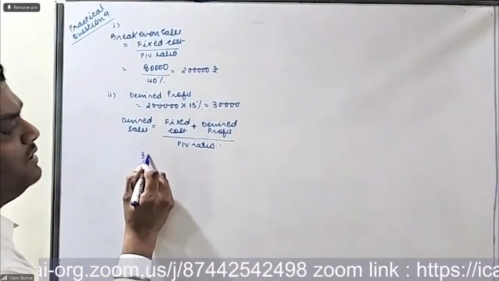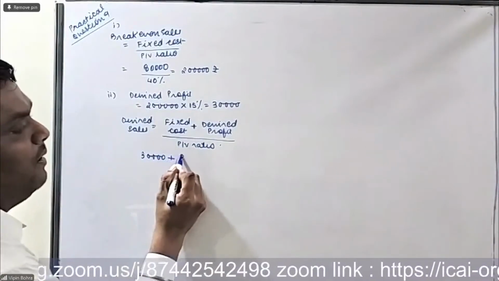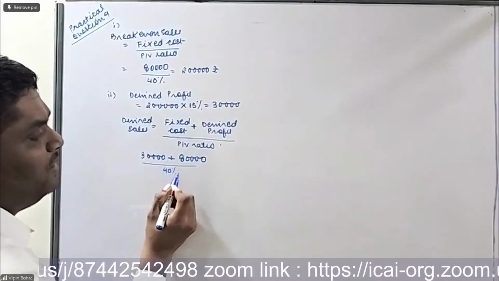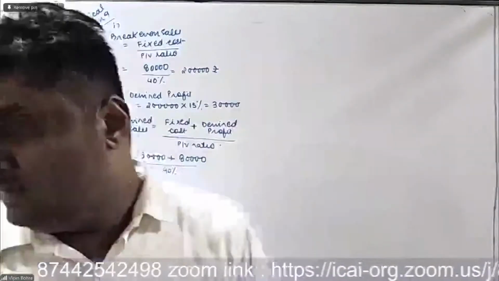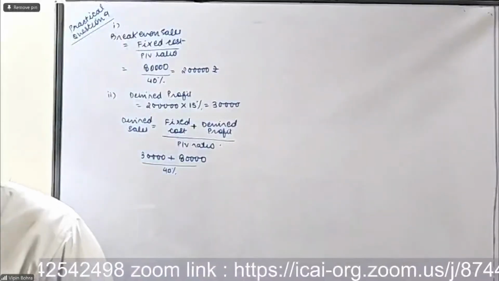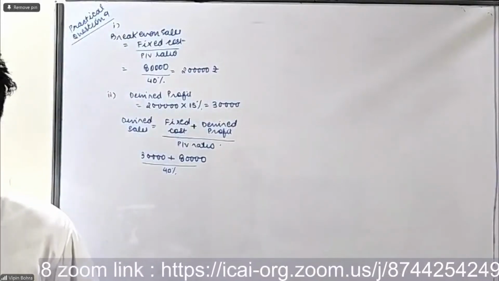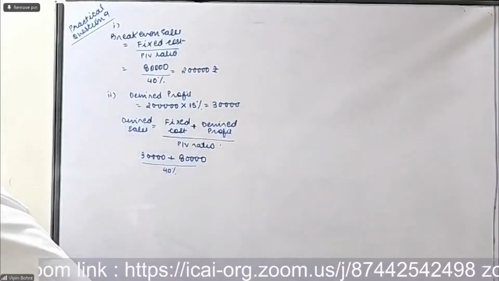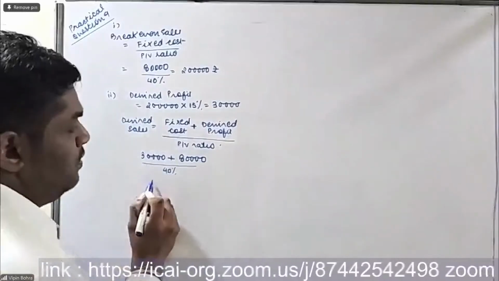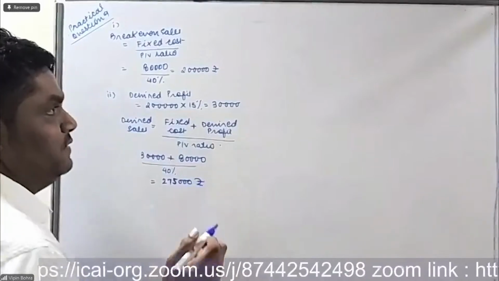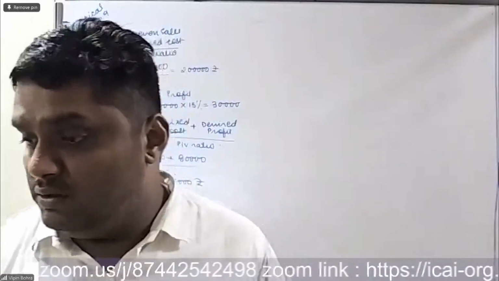That is 30,000 is my desired profit plus 80,000 is my fixed cost, divided by my PV ratio, that is 40%. So this will be my desired sales, 2,75,000. If we make sales of 2,75,000, we'll get our desired profit of rupees 30,000.